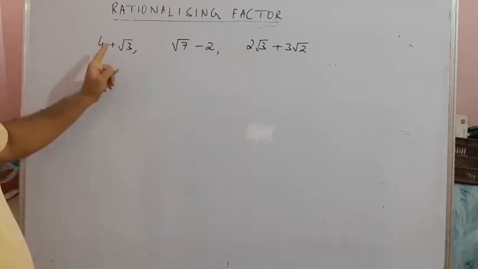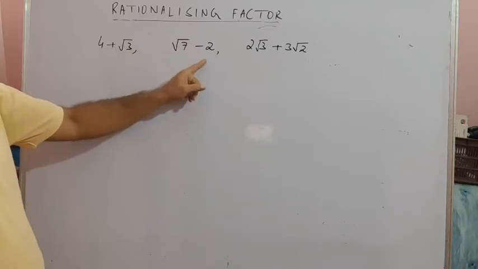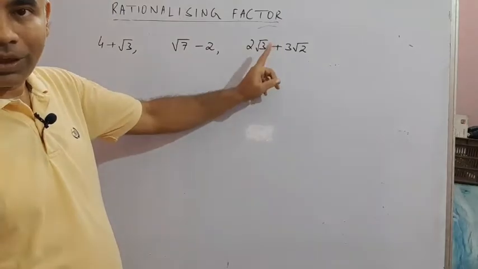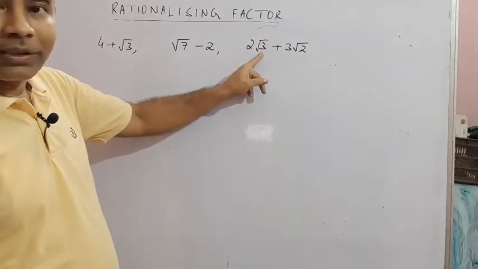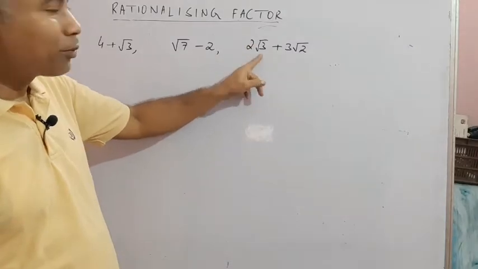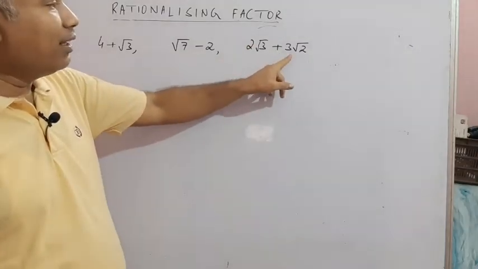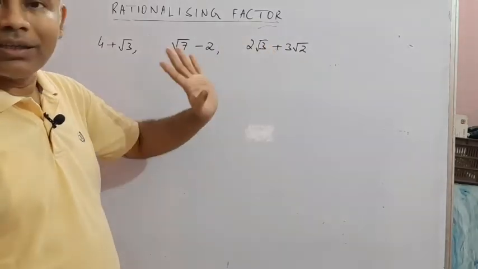So this 4 plus root 3 is an irrational number, root 7 minus 2 is an irrational number, 2 root 3 plus 3 root 2. If you come to the third example, 2 into root 3, 2 is rational, root 3 is irrational, their product is again irrational, 3 and root 2 similarly it is also irrational, so their sum is again irrational.